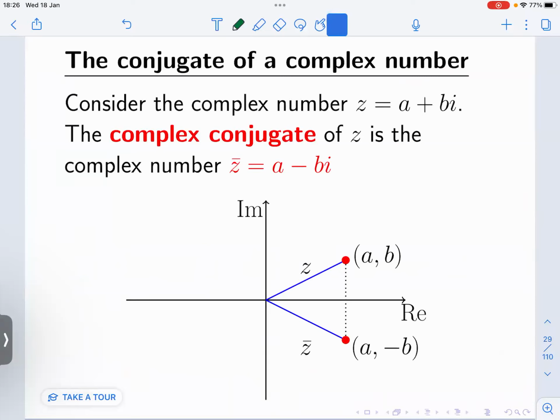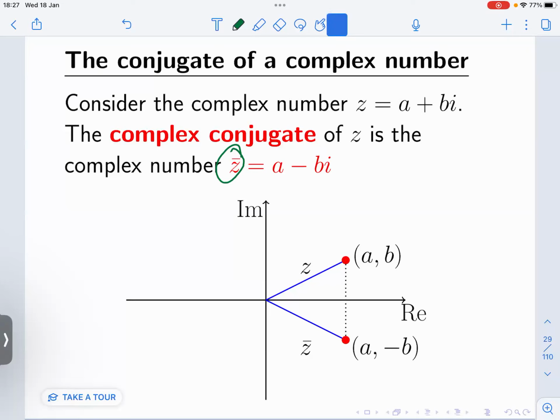Every complex number, again, in the form a + bi, for every complex number, we can define the complex conjugate. And this is simply denoted by z bar, and it is defined as a - bi. The complex conjugate is just the complex number where the imaginary part is negative.